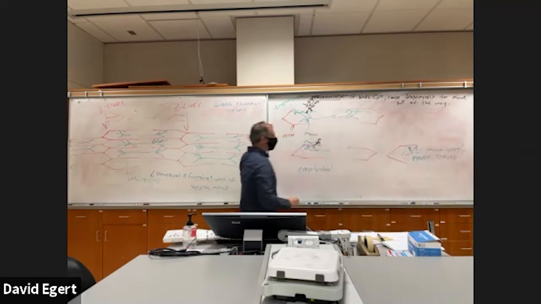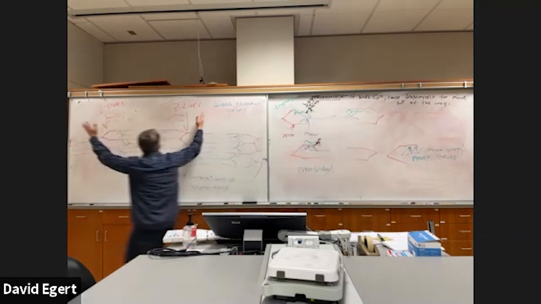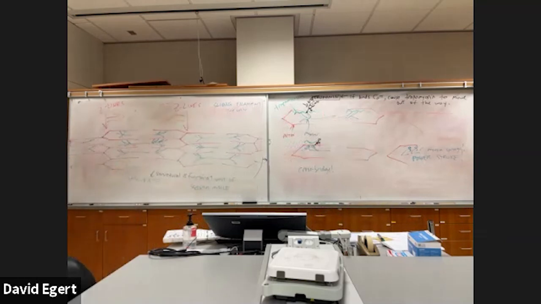As the myosin springs, it pulls, and that's what causes the Z lines to pull closer and the sarcomere to shorten. Does that make sense?